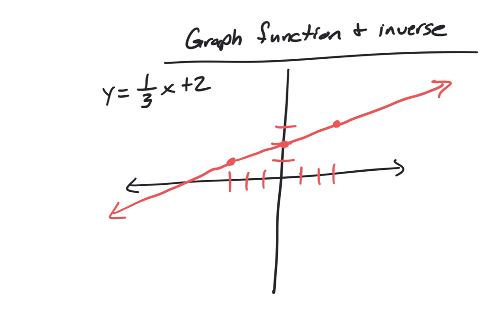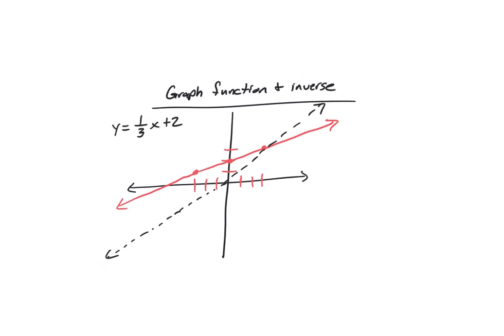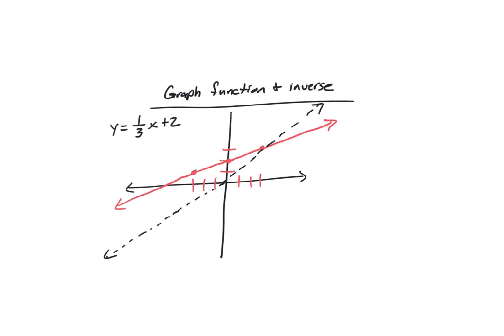Pretty basic function, right? Now, if I were to draw this reflection line right through the middle here, when I flip this one over, you could solve it. I could say x equals 1/3 y plus 2.